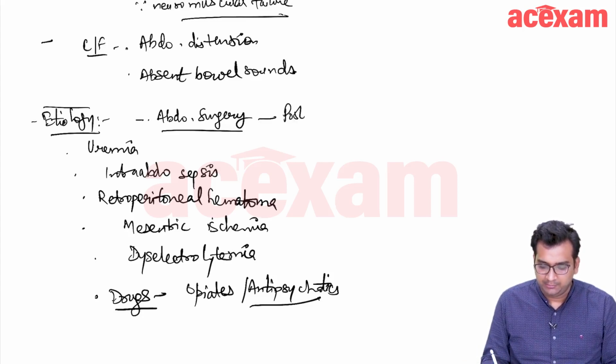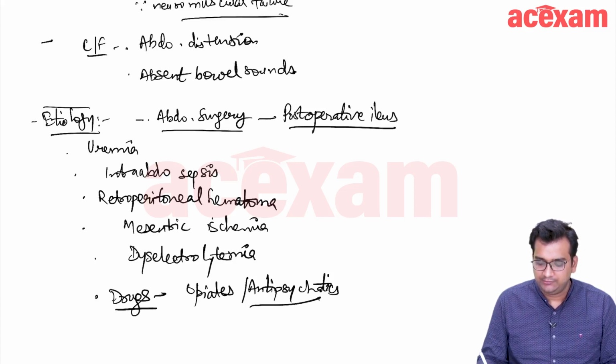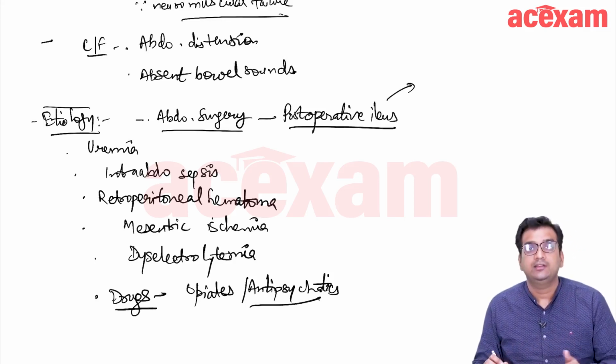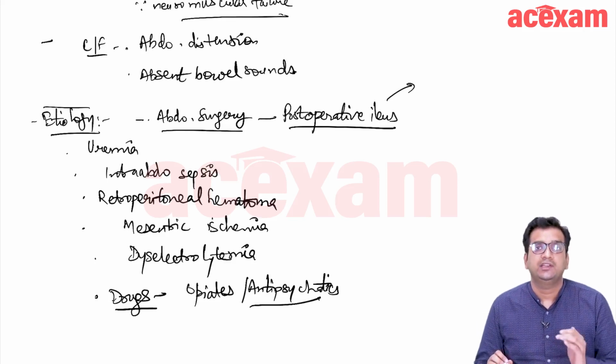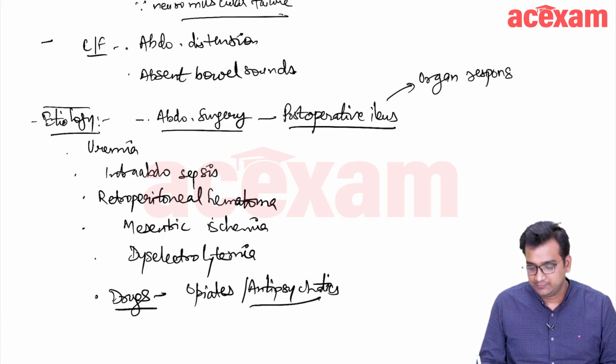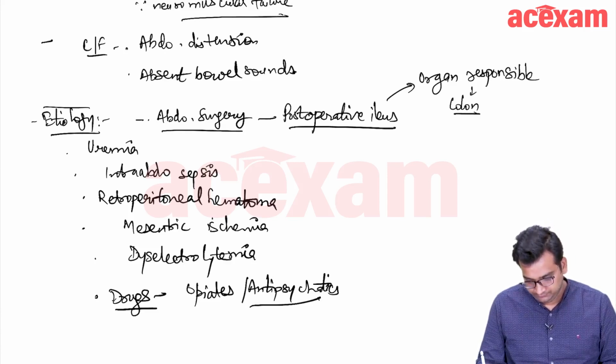After abdominal surgery, it is also known as post-operative ileus. Generally, a few questions are asked regarding post-operative ileus. Which organ is responsible for post-operative ileus? Whether it is stomach, small intestine, or colon. The organ responsible for post-operative ileus is the colon. Okay, why?